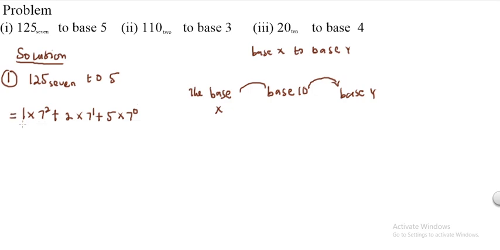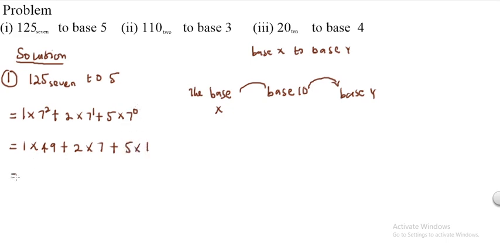This is equal to 1 times 7 to the power of 2, which is 49, plus 2 times 7 to the power of 1, which is 7, plus 5 times 7 to the power of 0, which is 1.